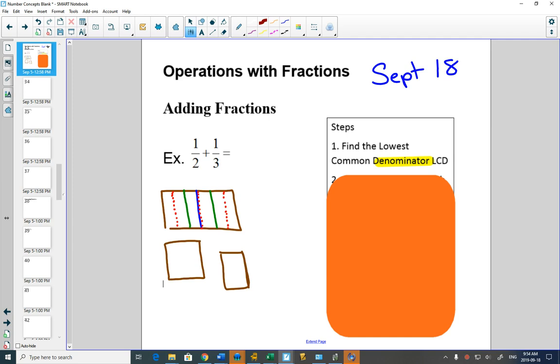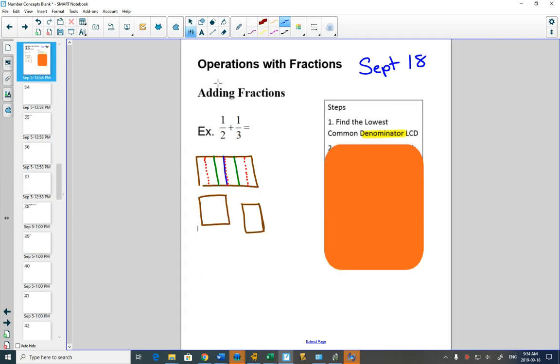Okay? And so one of the things that we're going to write in this is we're going to say that 1/2 is the same as 3/6. And 1/3, that's up to that green line. Does that make sense that that's the same as 2/6?